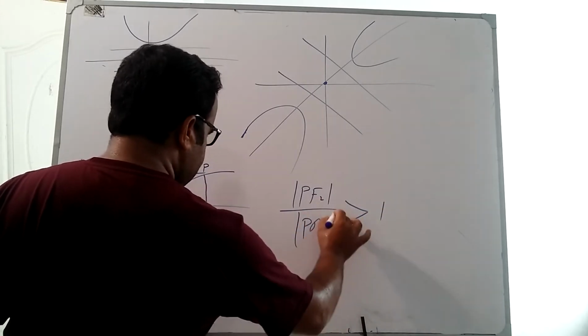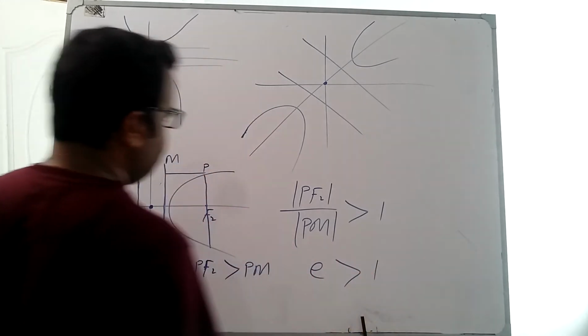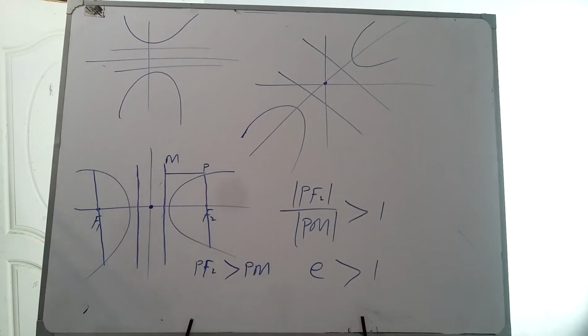This ratio is called eccentricity, which is greater than 1. In case of hyperbola, the point to focus distance is always greater than the point to directrix, point to line, distance.